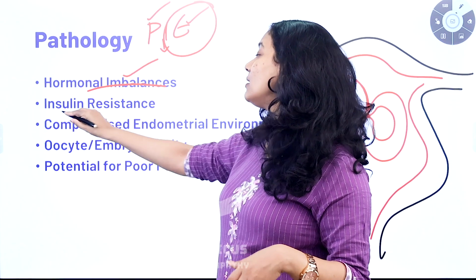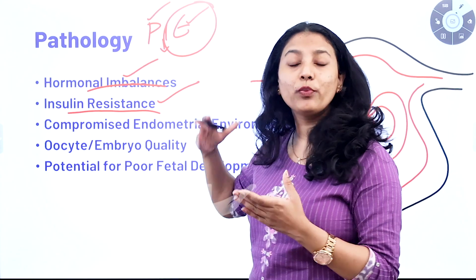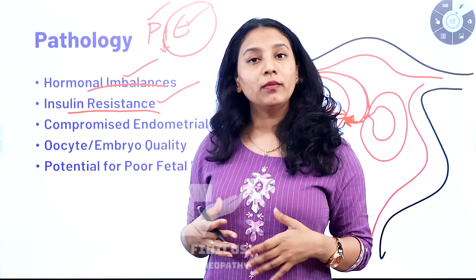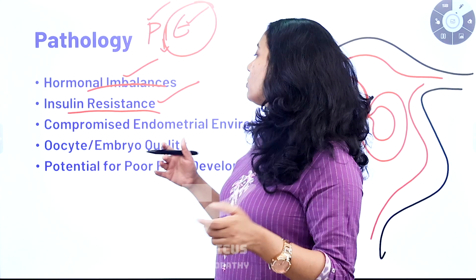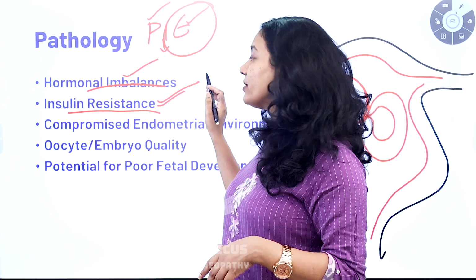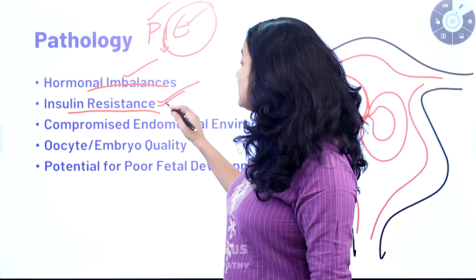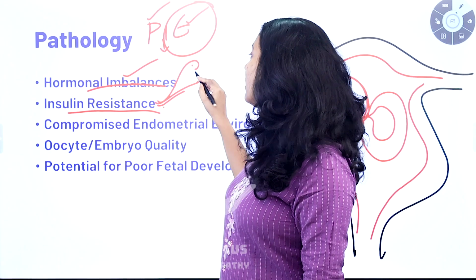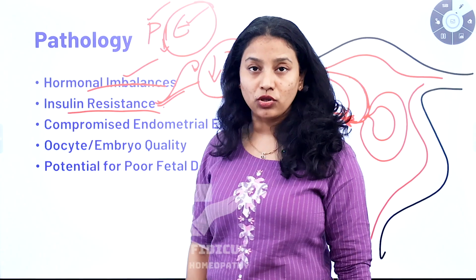And then we have insulin resistance, which is also a cofactor in PCOS, because PCOS means polycystic ovarian syndrome. Syndrome has a lot of effect on other organs in the body. Whenever you have insulin resistance, which is hyperinsulinemia, it can trigger a drop in progesterone.